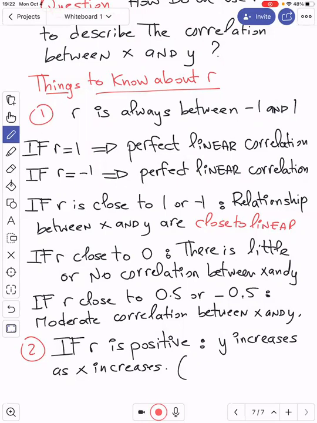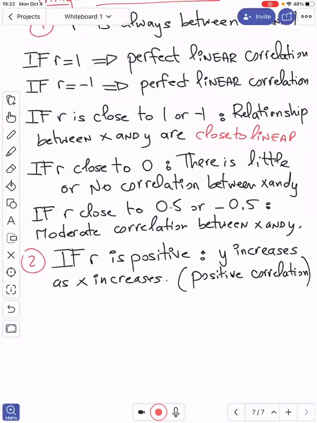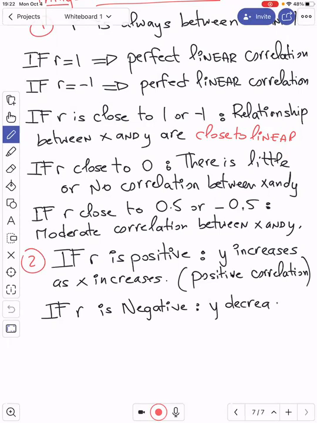And if R is negative, of course, Y is going to decrease as X increases, so we're going to have a line which goes down. So we have a negative correlation.